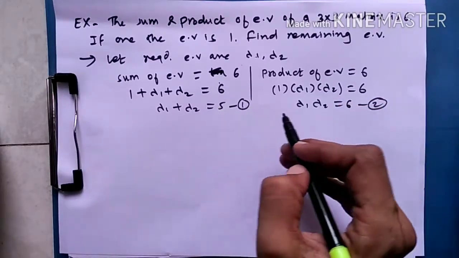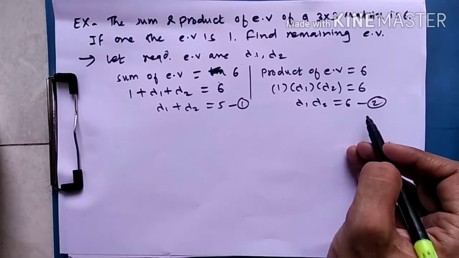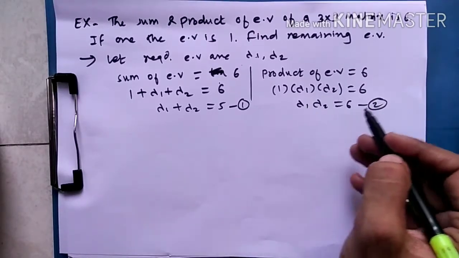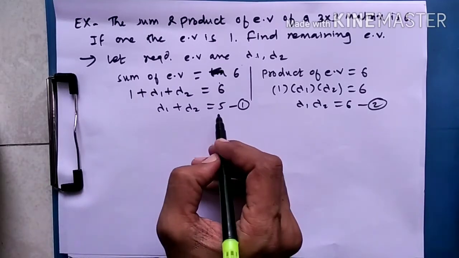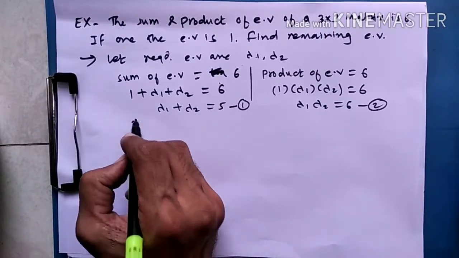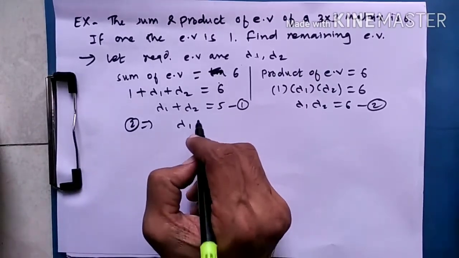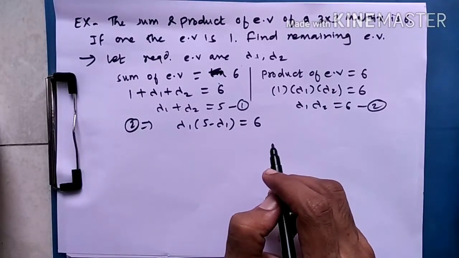So again you can substitute the value of lambda 2 from equation 1 into equation 2, and simplifying this will give you easily the value of lambda 1. From equation 1, lambda 2 is 5 minus lambda 1. So equation 2 becomes lambda 1 into 5 minus lambda 1 is equal to 6.